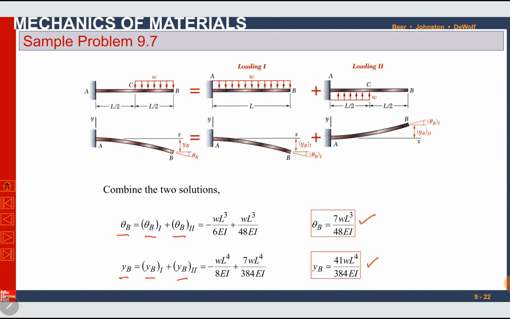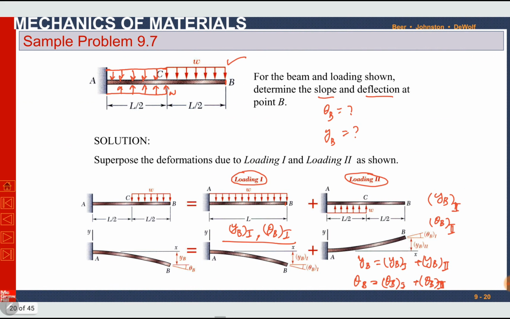This is what was required in our problem statement, to calculate slope and deflection at point B, theta B and YB. What we have done is, we have divided the beam given loading into two types of loading, loading 1 and loading 2. For each kind of loading, we calculated theta and y at point B from the table. For loading 1, it was very easy to find it from table 1.